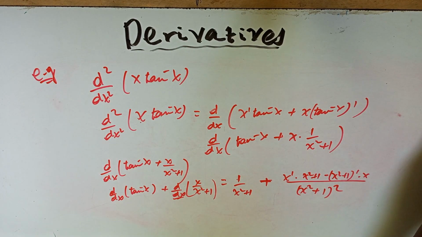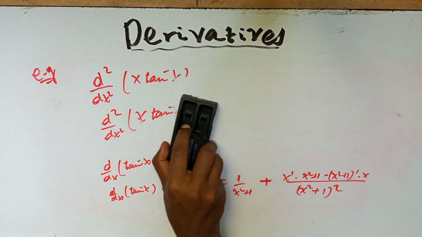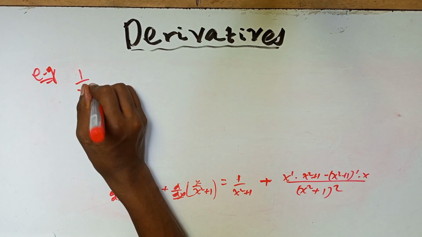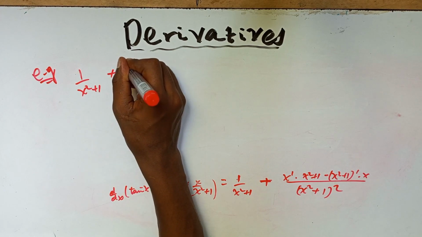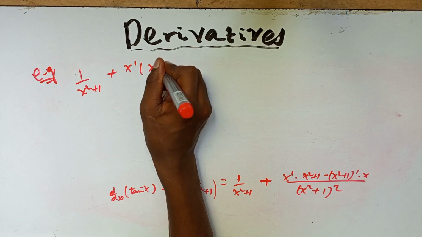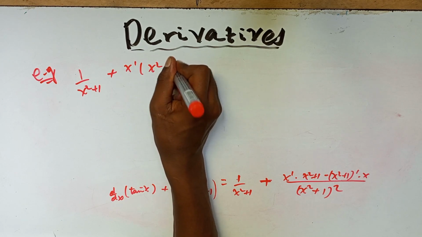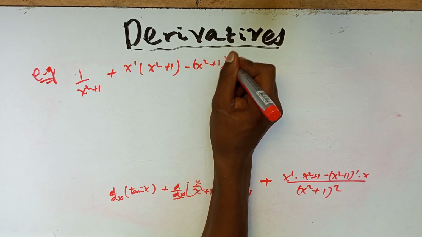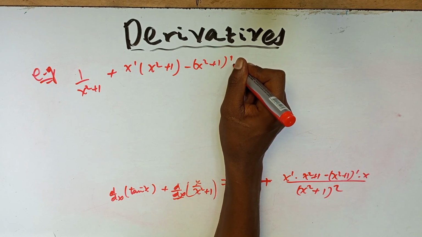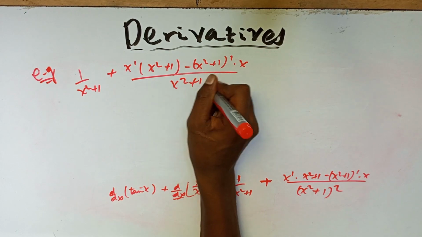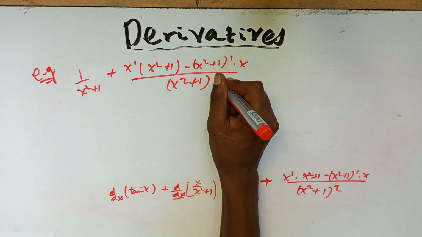So let me simplify further over here. This means 1 over x square plus 1 plus the derivative of x times x square plus 1 minus the derivative of x square plus 1 times x, over x square plus 1 the whole square.